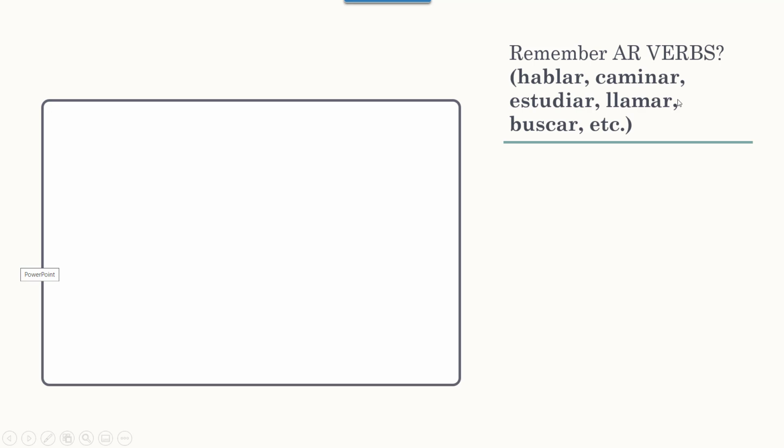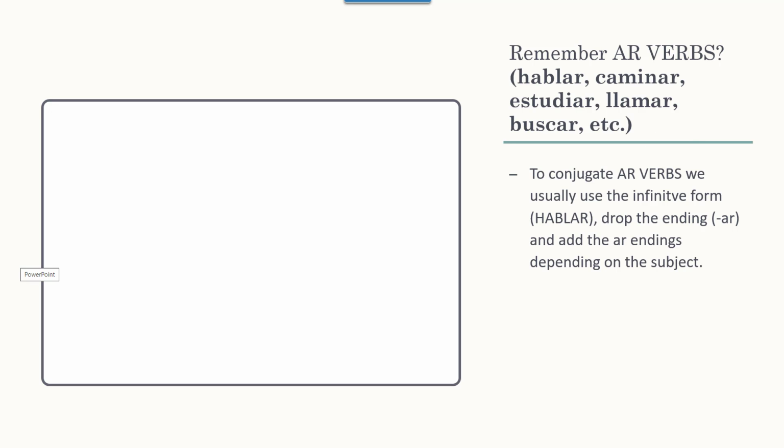So the AR verbs like hablar, caminar, estudiar, llamar, buscar. Hablar is to talk, caminar is to walk. All of these verbs, they all end in AR, right? Well, to conjugate these verbs, we just use the infinitive form, hablar, and then you drop the ending, you drop this AR, and you add the AR endings.